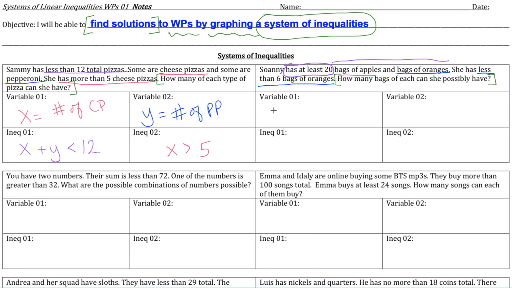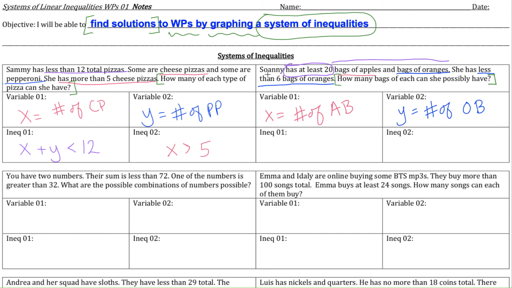X can be the number of apple bags, and blue will be Y, the number of orange bags.